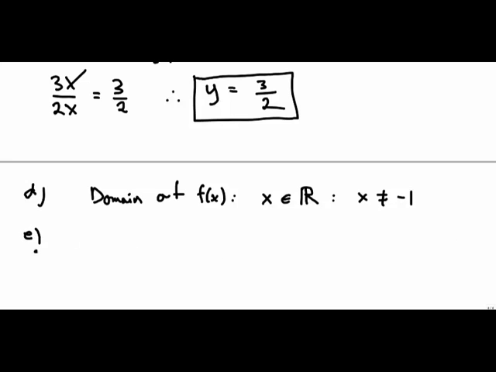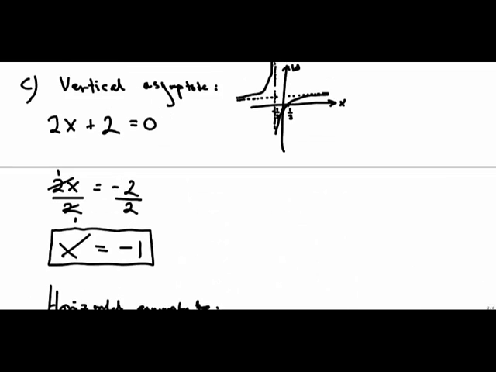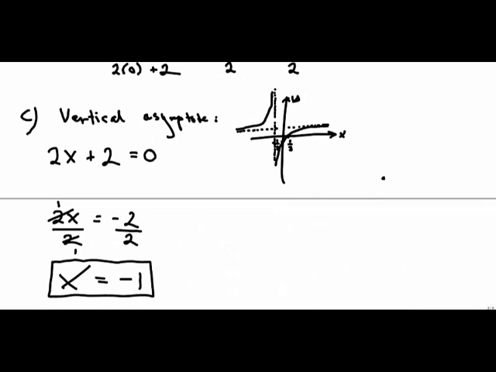And the range of f of x. So y values are all real values, but if we look at our sketch, we're going to have some negative values of y that just continue to go down like this.